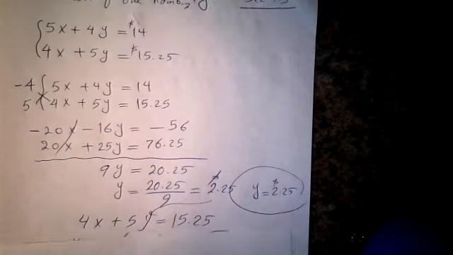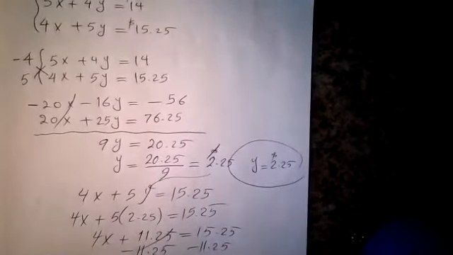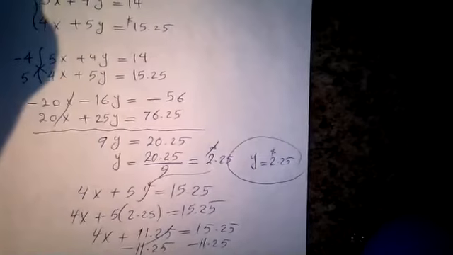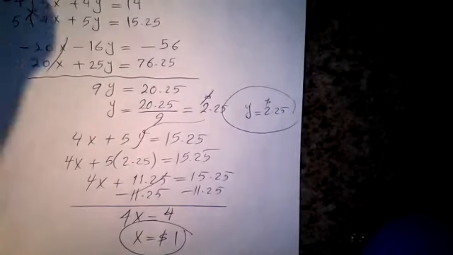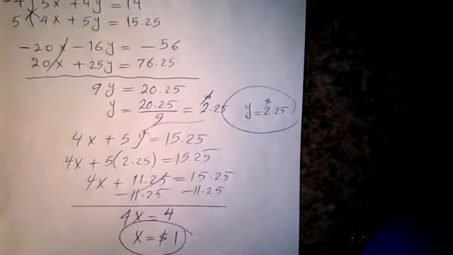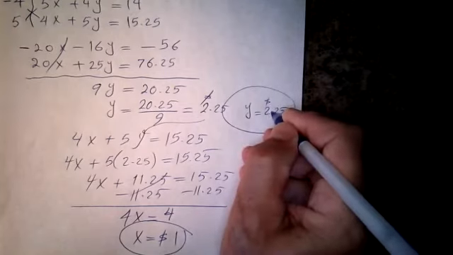That gives you the value of Y. And then you find your X. $2.25 and $1. Hot dog was X and hamburger was Y. So cost of 1 hot dog is $1 and cost of hamburger is $2.25.